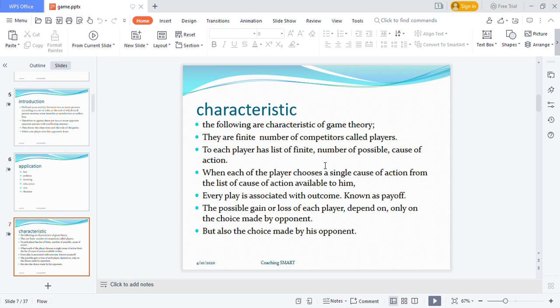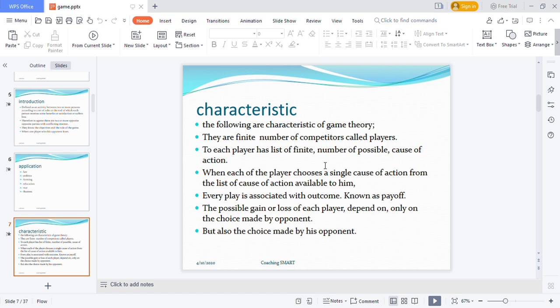They are known. Each player has a list of a finite number of possible courses of action. So again, they are aware of the courses of action, the actions that they must take. Each player chooses a single course of action from the list of courses of action available to them. So when a player takes a particular course of action, it is because of his own personal decision.